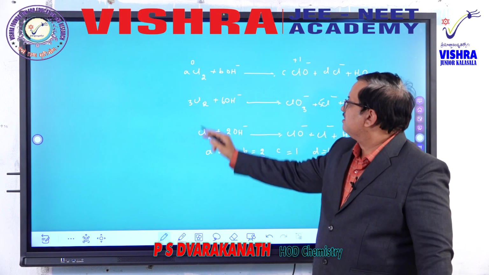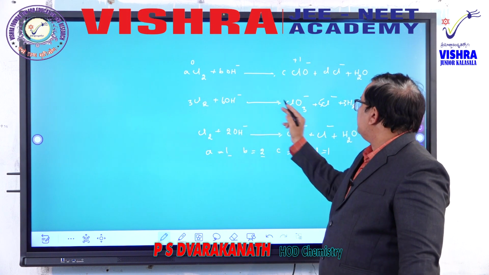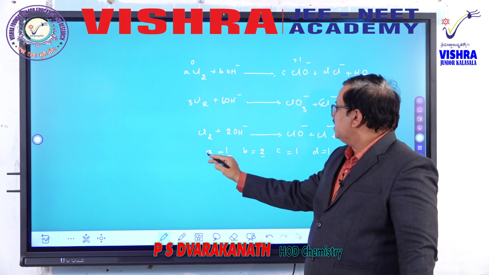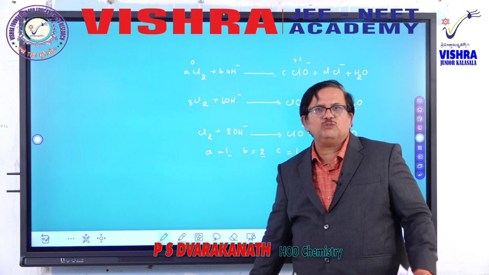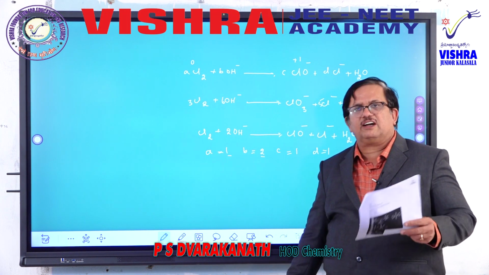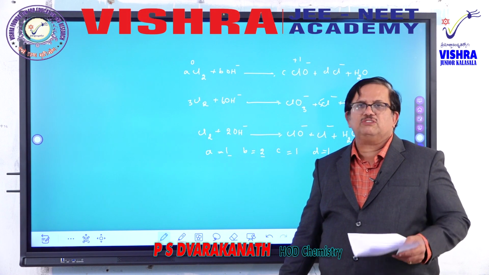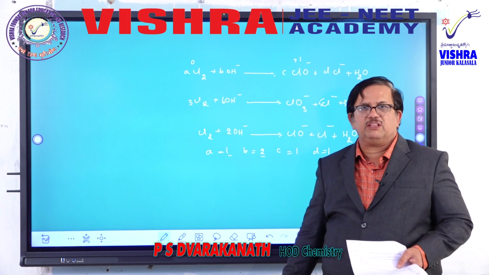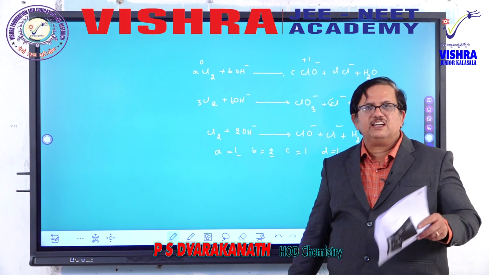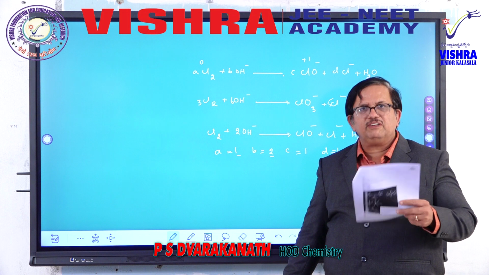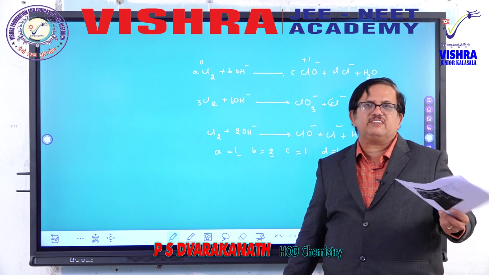If it is hot concentrated, then it is 3, 6, 1 and 5. If it is cold dilute, then it is 1, 2, 1, 1. And you know how to balance the equation. There is a shortcut method, or you can use the oxidation number method, or you can substitute the stoichiometric coefficients in the equation and check whether it is balanced or not.